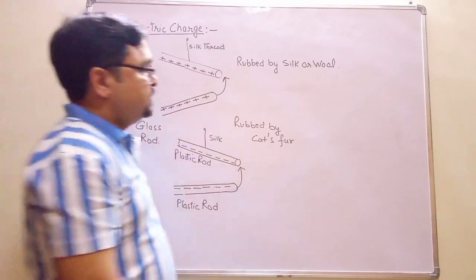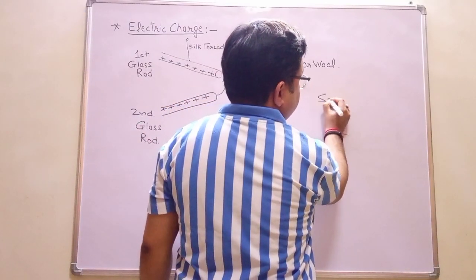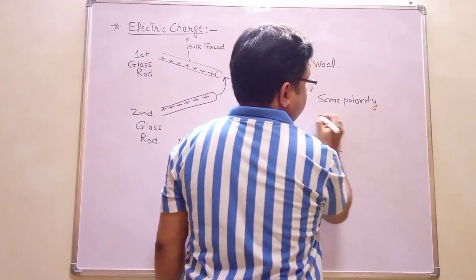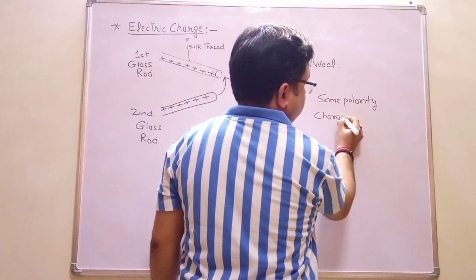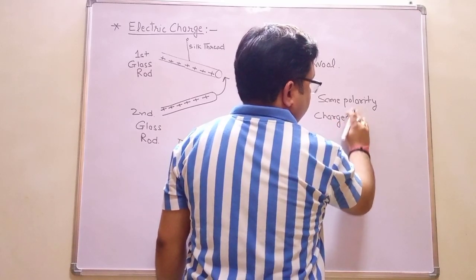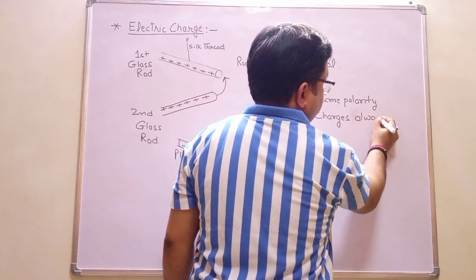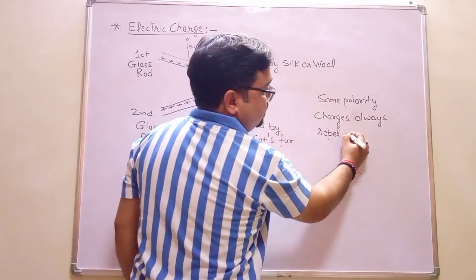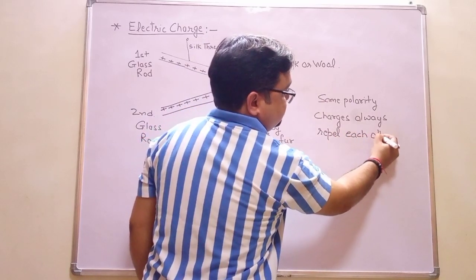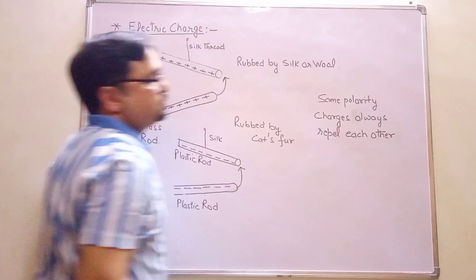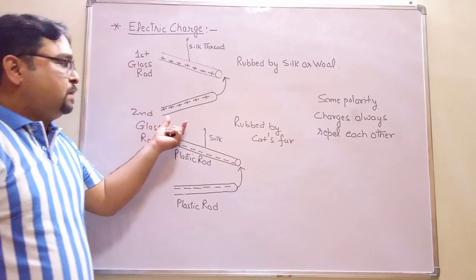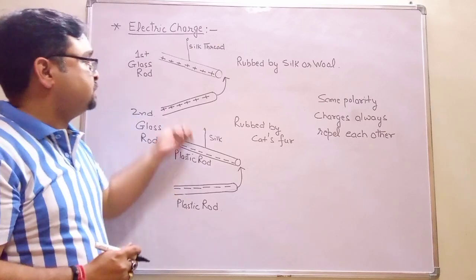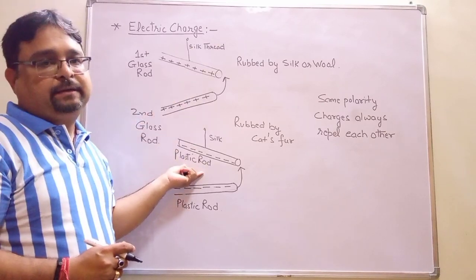We can conclude that same polarity charges always repel each other. So there are two polarities, or two types of charges. One is known as positive charge and another is known as negative charge.